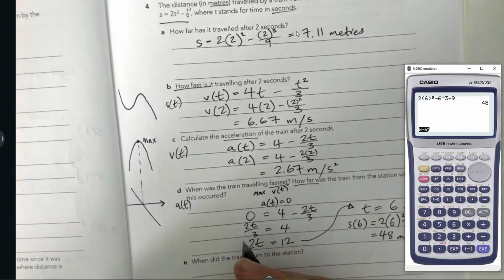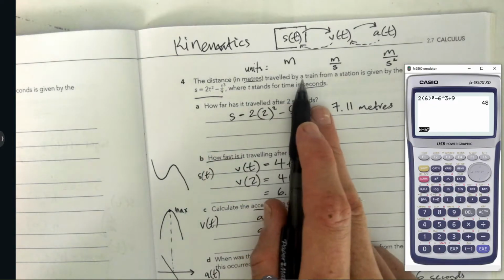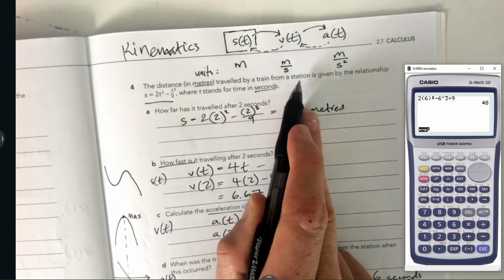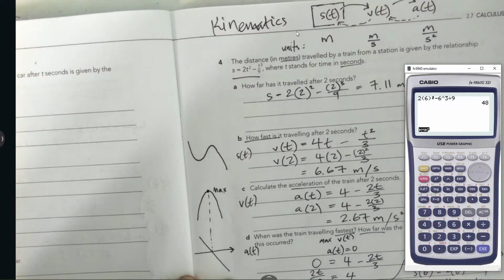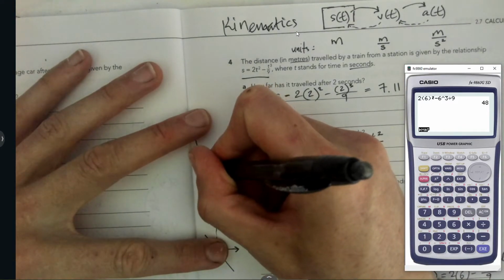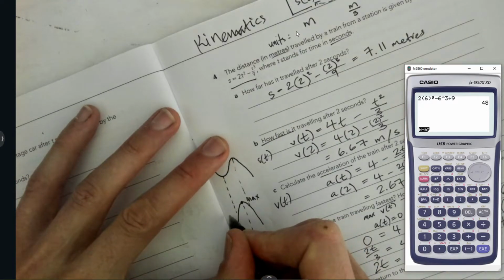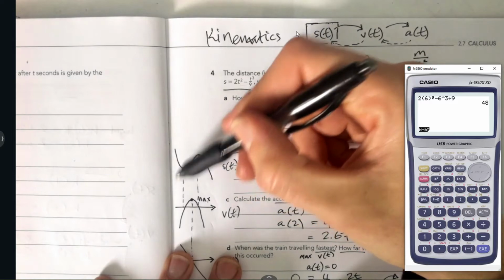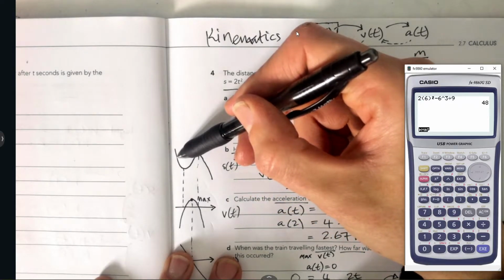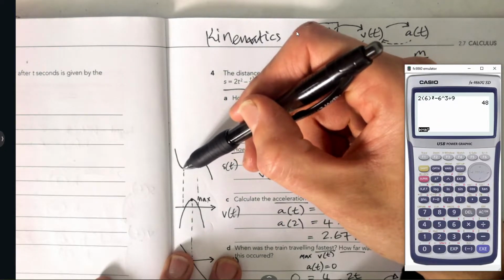The train's going to return to the station when the distance traveled by the train from the station is 0. So the train is going to start at the station. It's going to go some distance away.